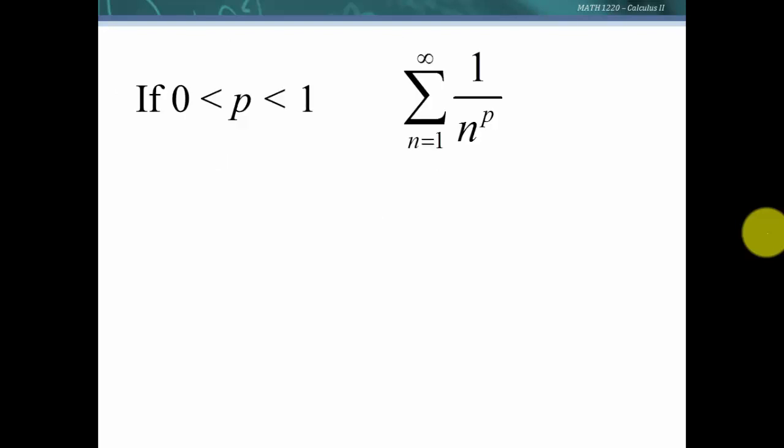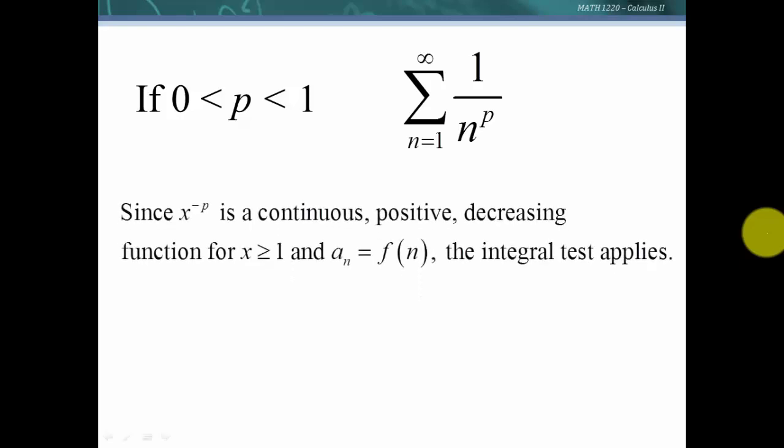So if p is between 0 and 1, as we look at this, since x to the negative p, or 1 over x to the p, is continuous, positive, and decreasing for x greater than or equal to 1, and the terms of the series equal the integer values of the function, we could use the integral test.